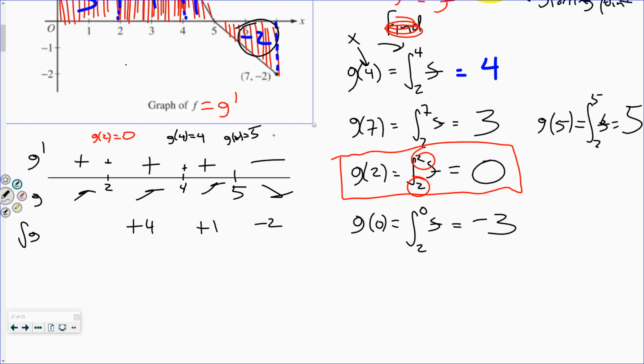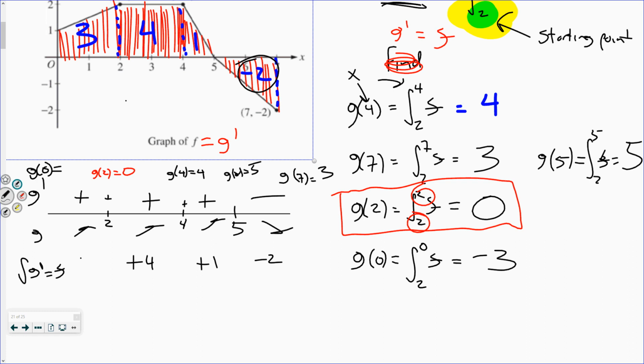These are the displacements. This is the area under f. But the area under f is an area under a derivative because f is the same as g's derivative. You see how it all works out. And you even see the beautiful idea of going backwards. G of 0. Well, my area here was +3. Well, you have to add 3 to get to 0. You must come from -3.